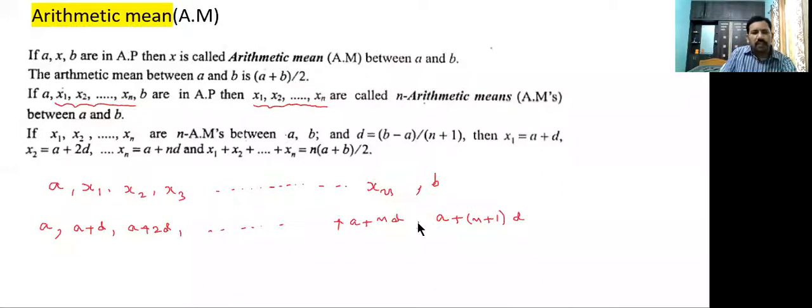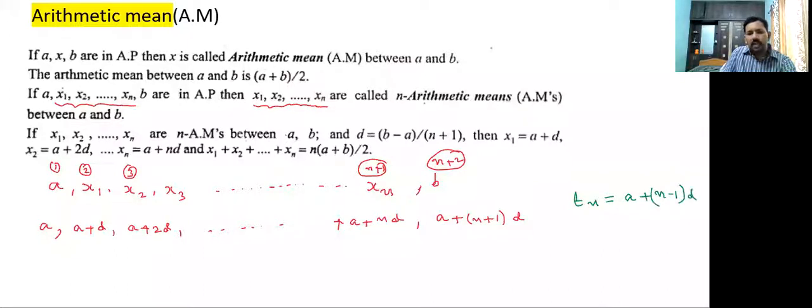A is the first term, x1 is the second term, x2 is the third term, xn is the (n plus 1)th term, and b is the (n plus 2)th term. What is the nth term formula in an AP series? Tn is equal to a plus (n minus 1) into d.